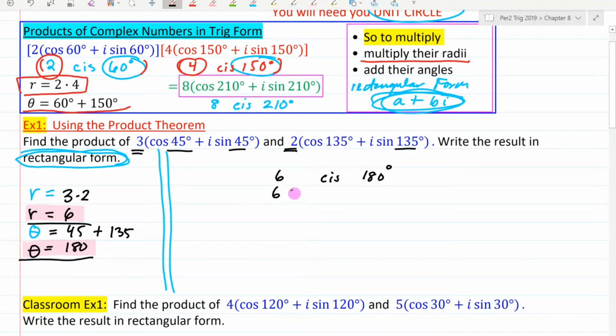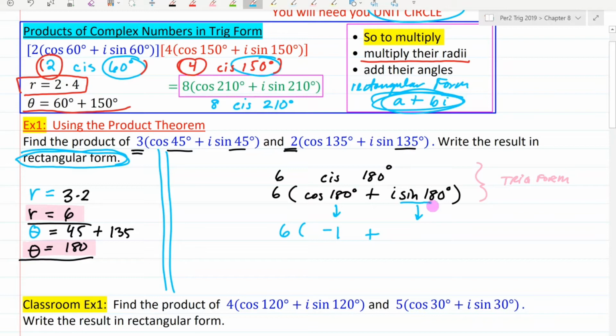If you're expanding that out, it would be cosine of 180 plus i sine of 180. And these are trig form. To go into rectangular form, we have to multiply this out. So we would take 6 times cosine of 180, and the cosine of 180 is -1, plus i sine of 180.